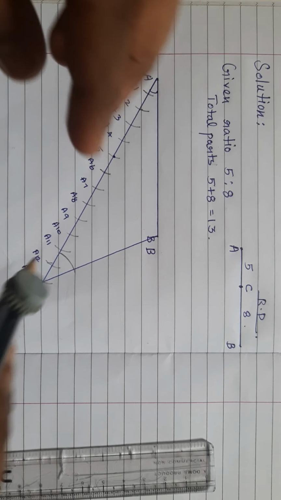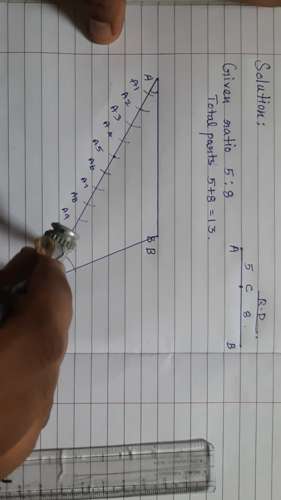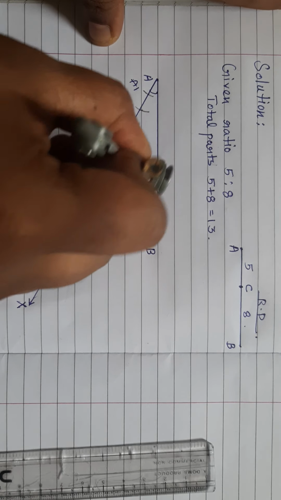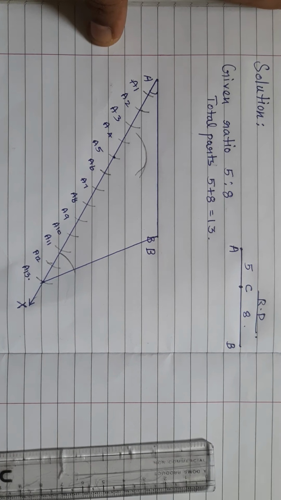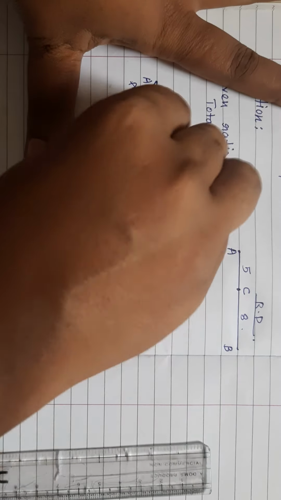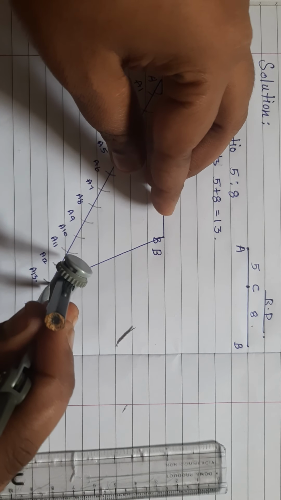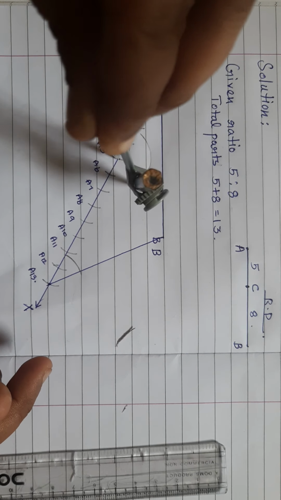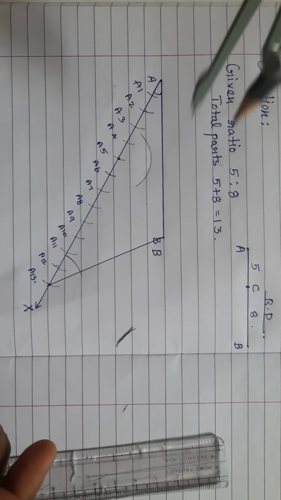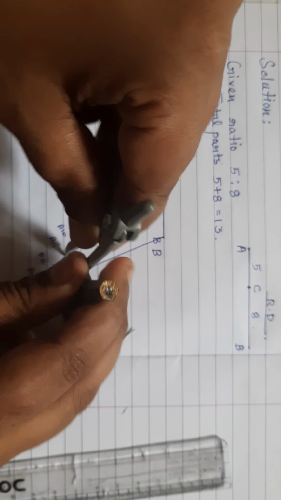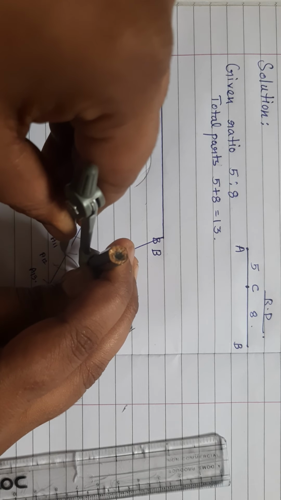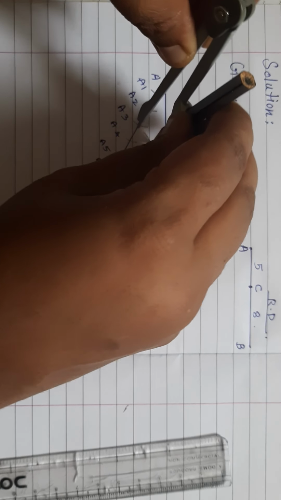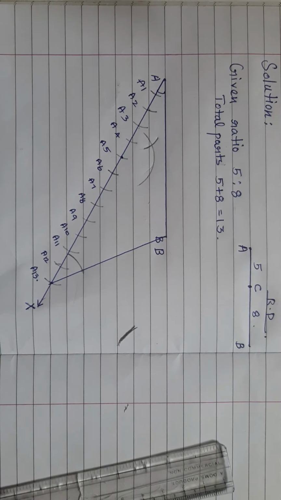The same measurement of arc angle you also draw here. Then take the arc length, mark it here, and draw another arc.